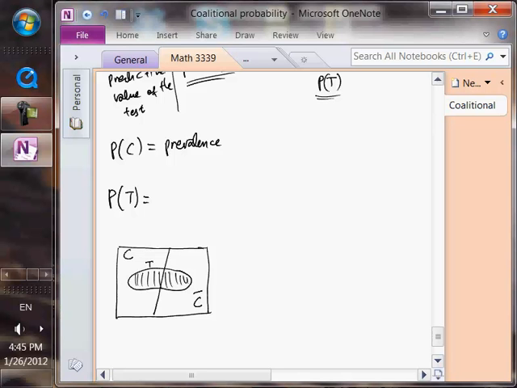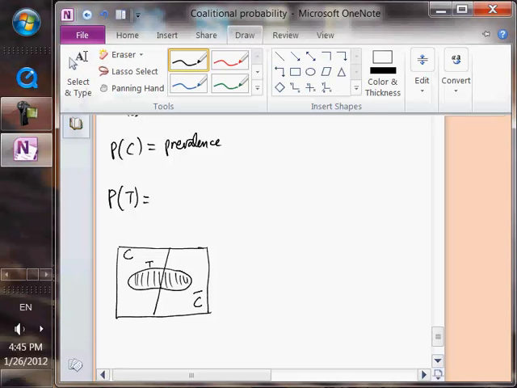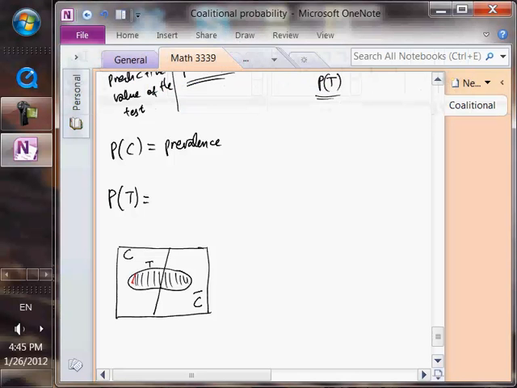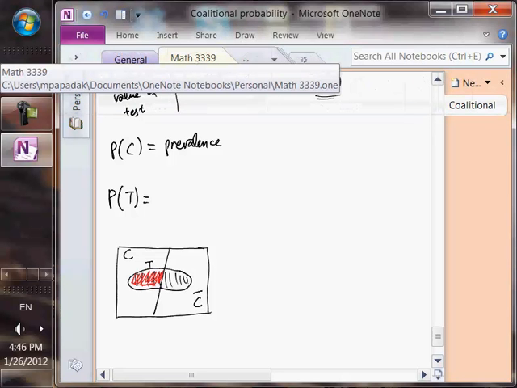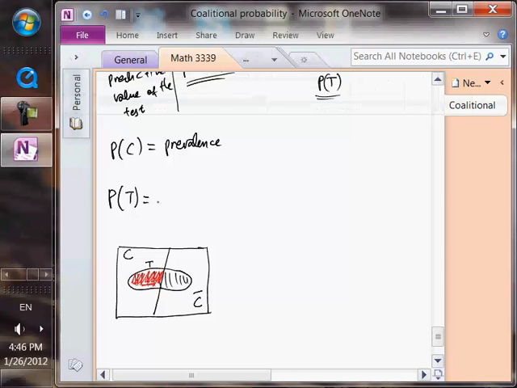What is T equal to? Well, T has two parts. One part is this one I mark with the red, and the other is what remains. So T, as you can see, can be written as the union of T and C, T and C bar.